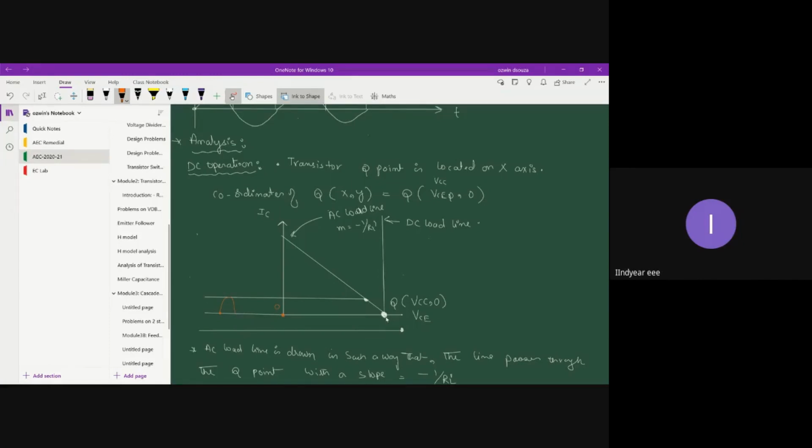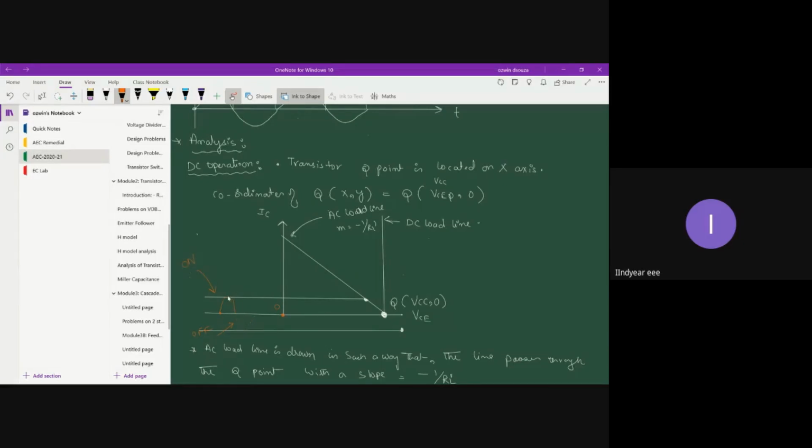The region is found below the reference, so there won't be any conduction in the case of an NPN transistor. During the negative half cycle, the transistor stays off. This is the off zone, and this zone is the on zone.